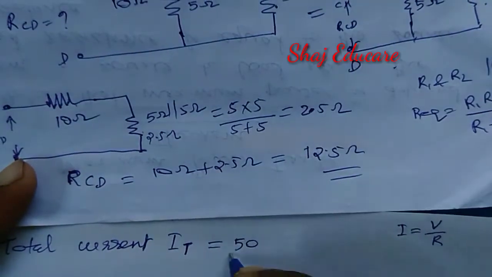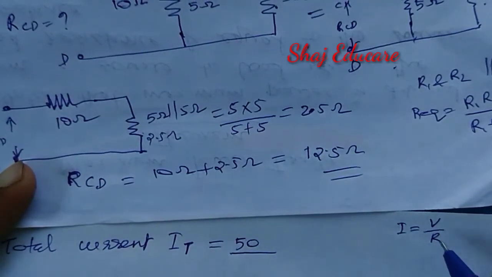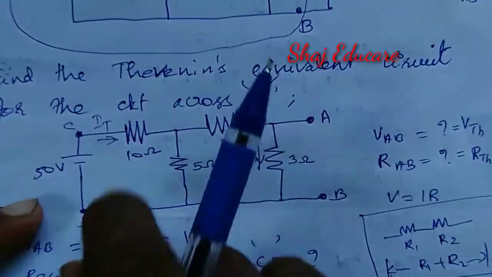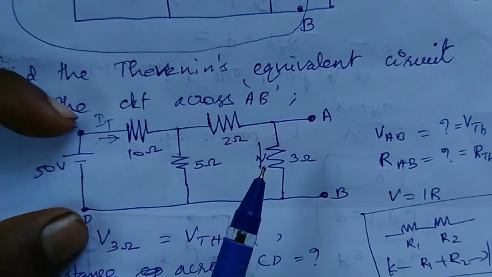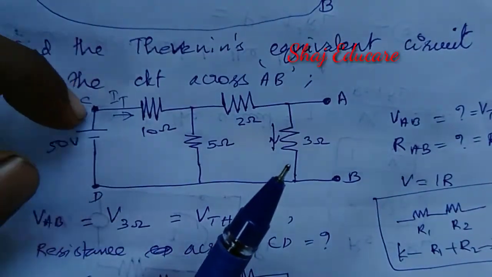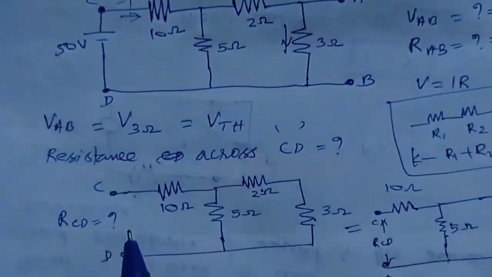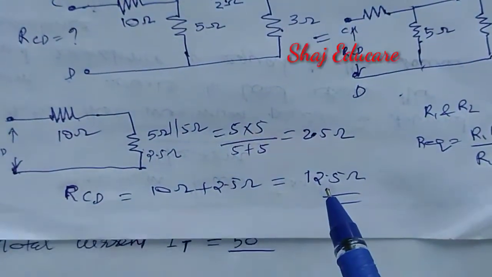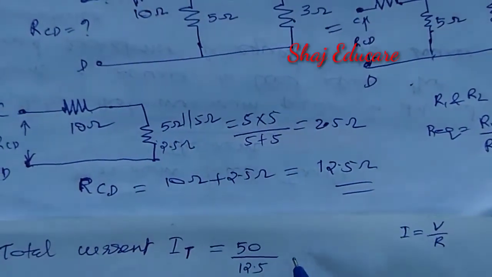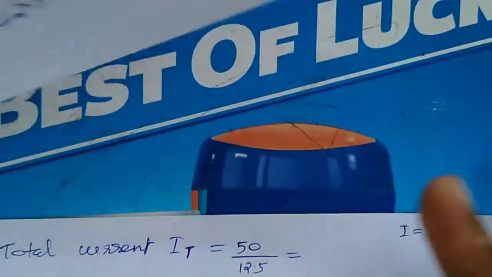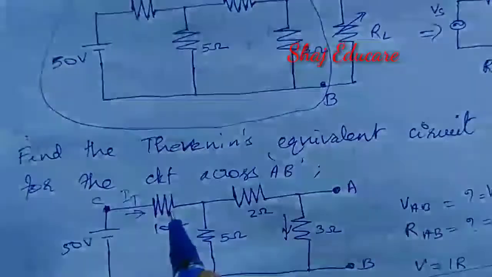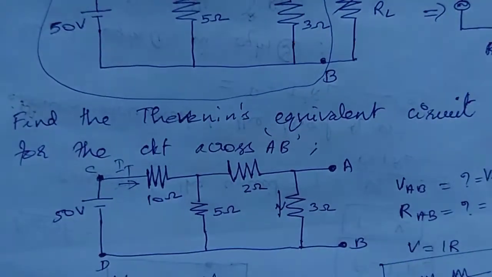Therefore, 50 divided by what about the total resistance? The total resistance connected to the 50 volt voltage source we obtained is the total resistance across C and D, that is RCD, obtained as 12.5. So 50 divided by 12.5 will be the total current IT.